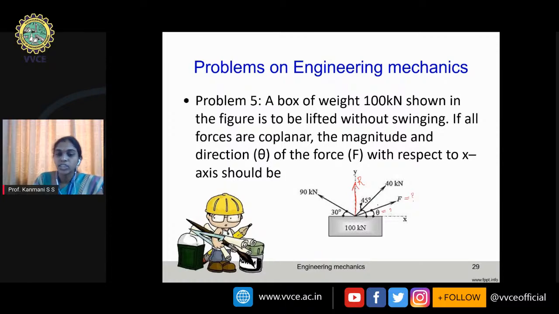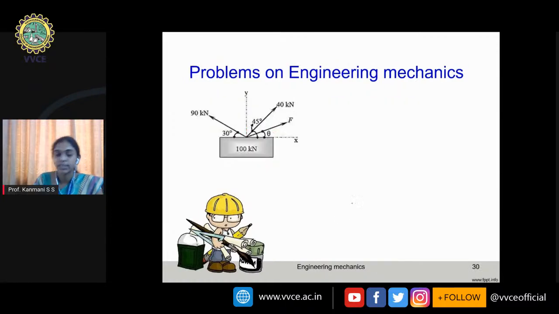The condition we know is that the resultant R is moving exactly vertical. I have taken the figures separately. Let me write the free body diagram first.